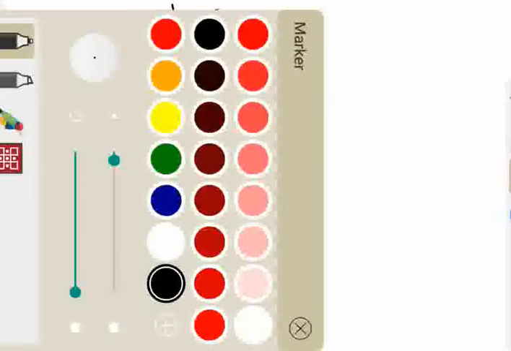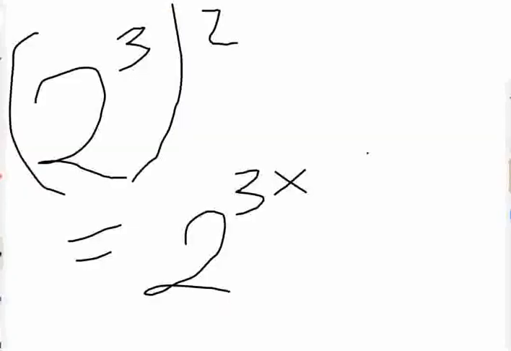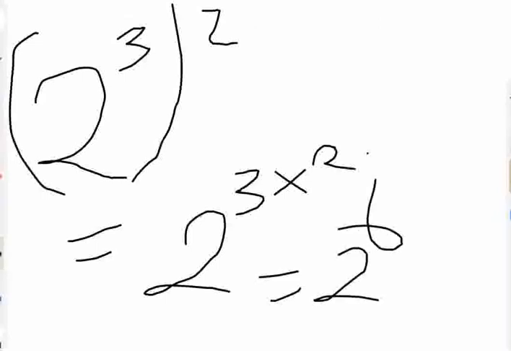This is equal to 2 raised to power 3 times 2 raised to power 3, which is equal to 2 raised to power 6.